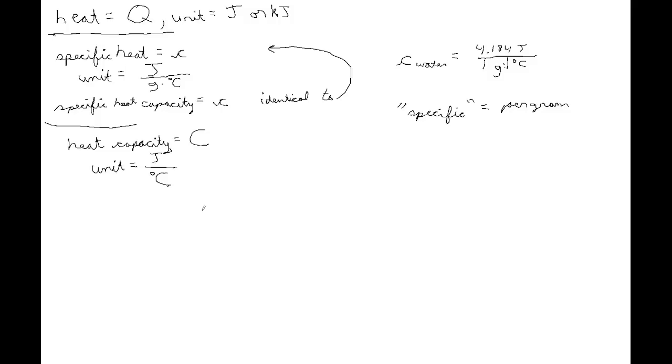Okay. And do you remember last time we got a formula for calculating heat capacity? Remember what that formula is? It's also a formula we could figure out from the units. That's how we figured it out last time. It was the specific heat capacity, lowercase c, times grams.